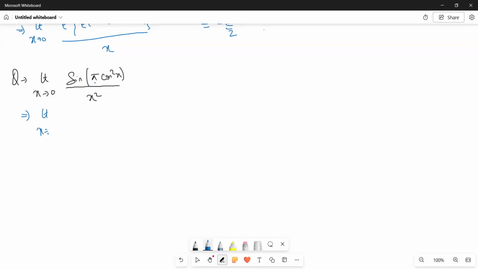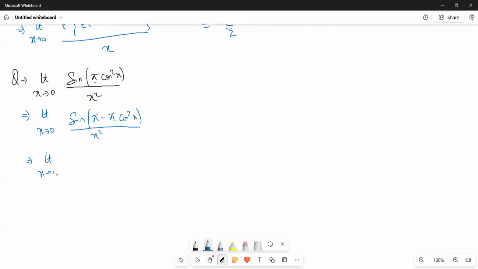Standard form limits में convert करने के लिए, we write it as sine theta is always the same as sine of pi minus theta. So cos square x divided by x square.